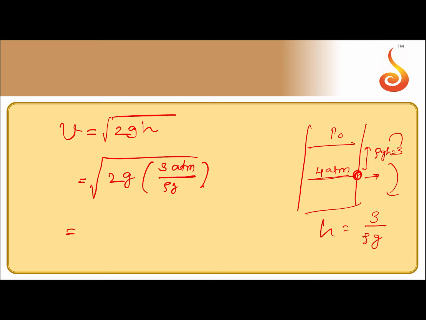You know the value of the density. This becomes square root of 2, g and g cancel, into 3 atmospheric pressure, 1.01 into 10 to the power of 5, whole divided by density. The density of the kerosene oil is 720 kg per meter cube.